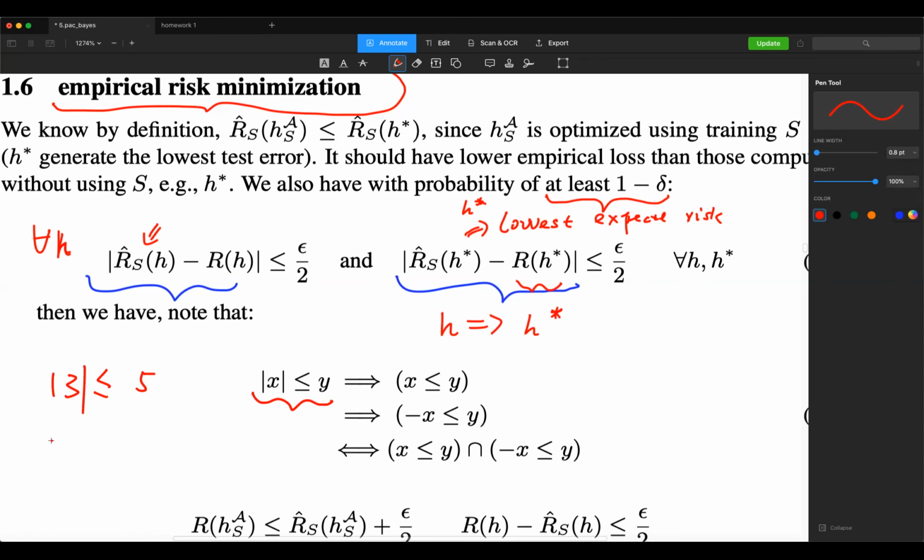So if both X is less than or equal to Y and minus X is less than or equal to Y, that is if and only if the absolute value of X is less than or equal to Y. You can substitute X with either 3 or minus 3 and you can get that.